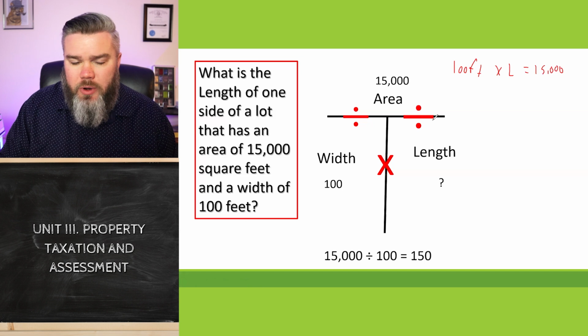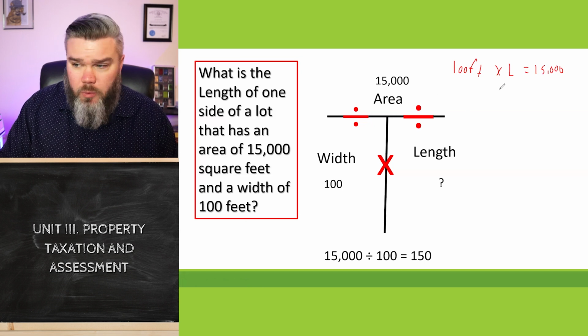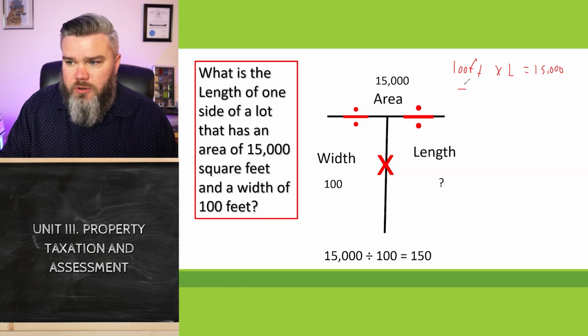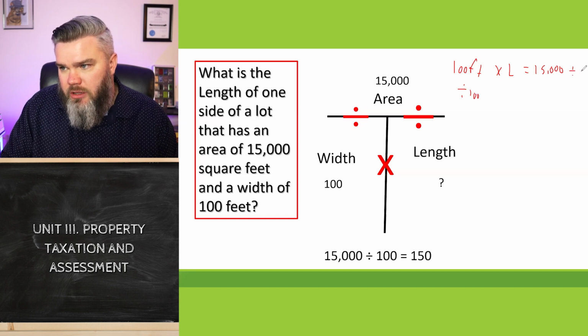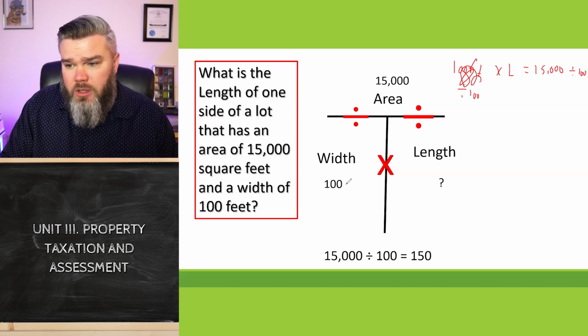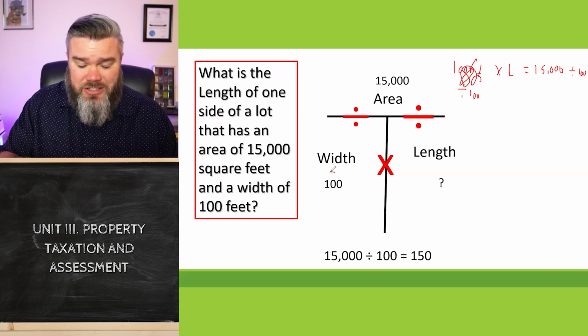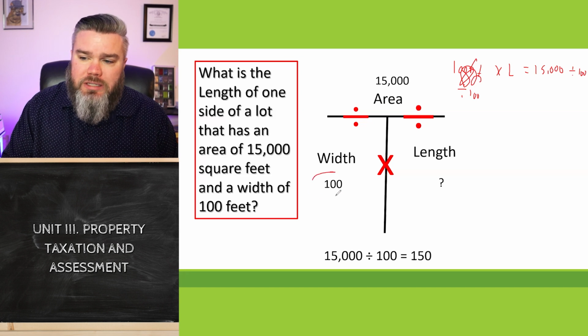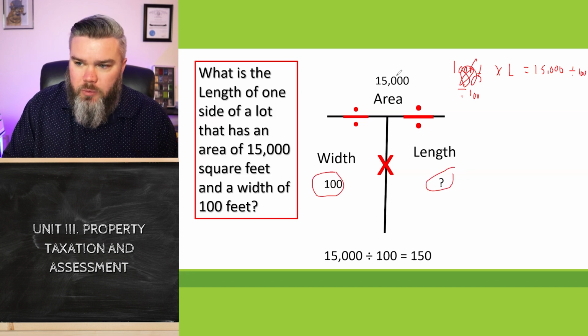You see how this is the exact same thing. It's just this is a linear equation. This is a visual representation. You've got the width. You've got the square footage. Width times length would give you the square footage, but all you have to do is divide by 100 on this side, and you have to do the same on the other side of the equation. So your length is 15,000 divided by 100. In the T-bar, it's not necessarily a whole or a part, but one side times one side would equal the total.